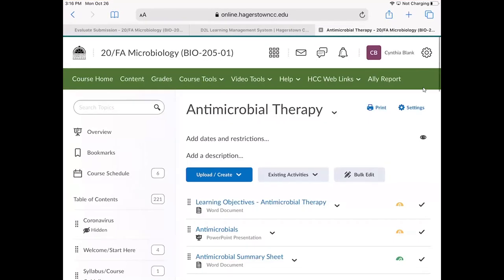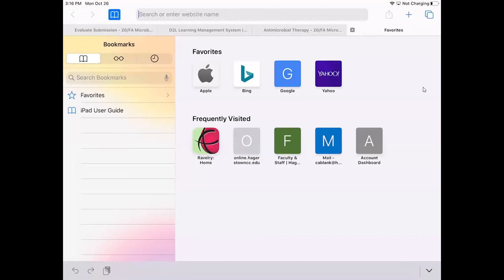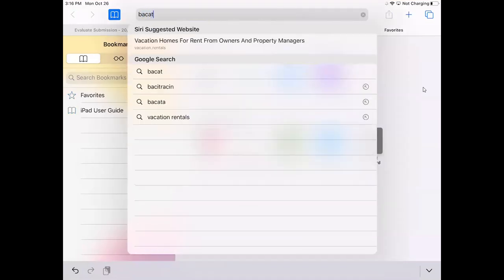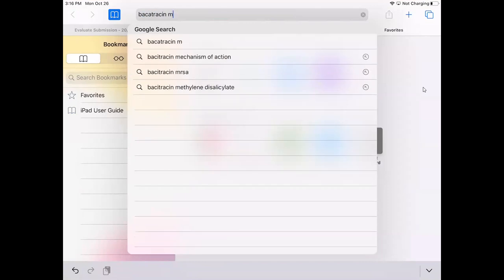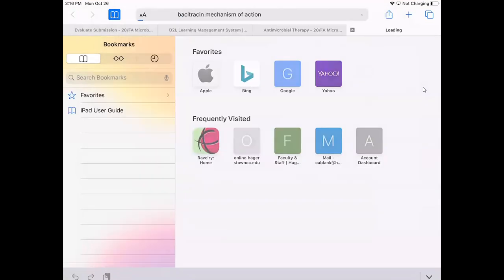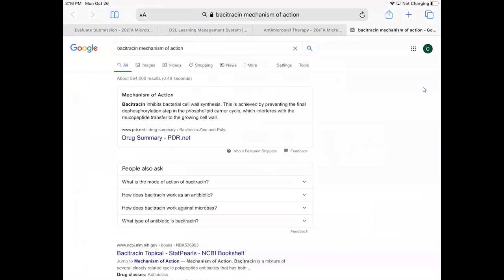But does bacitracin, let's see. Bacitracin, mechanism of action. There we go. It says it inhibits bacterial cell walls.